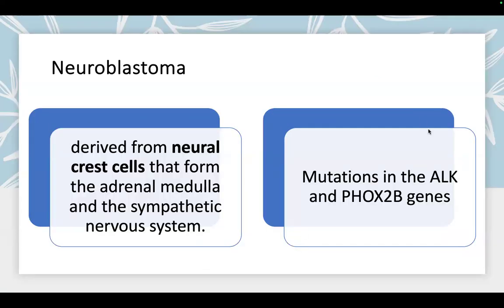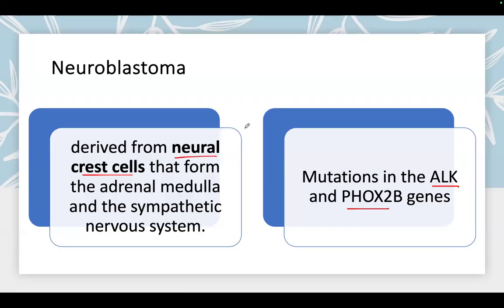Neuroblastomas are derived from the neural crest cells. That is very, very important. It is stated that there is a mutation in two major genes, and mutations of either of these two genes are associated with neuroblastoma. First, we have the ALK gene, and we have the PHOX2B gene.